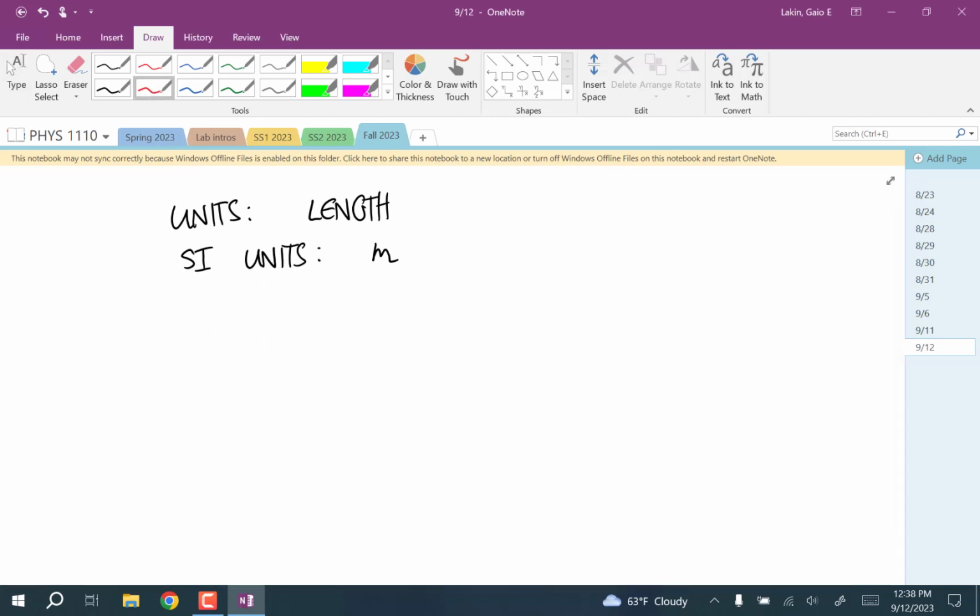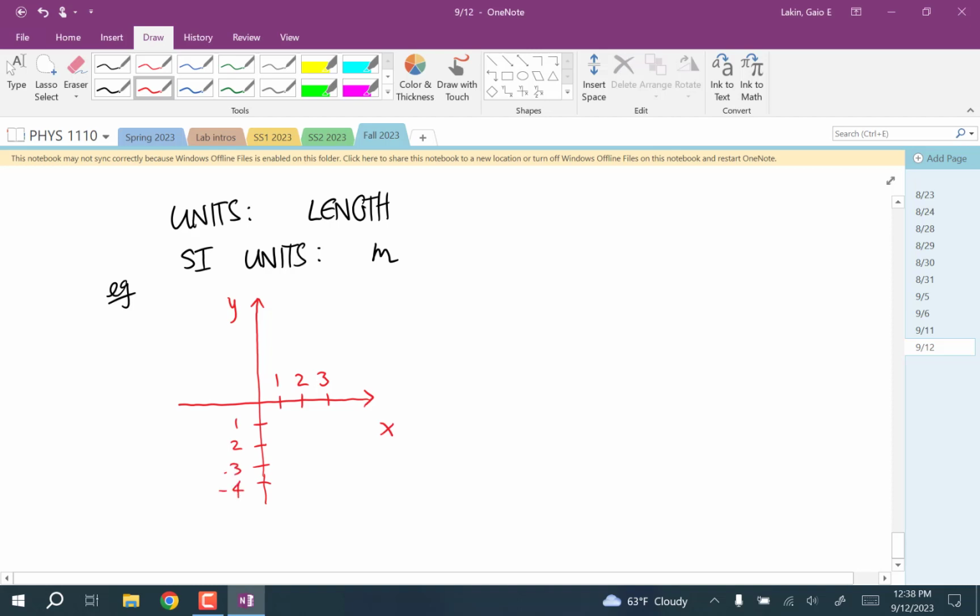Okay, so this is just a quick little example, but if you have a coordinate system like this, so here's 1, 2, 3 in the x direction, 1, 2, 3, 4, these are negative in the y direction, and your object is here.